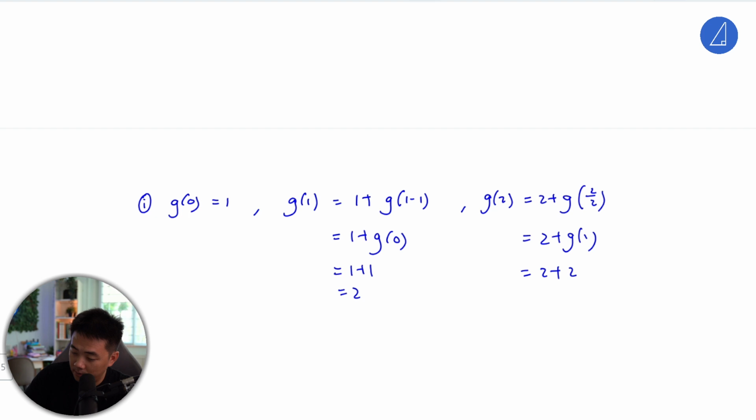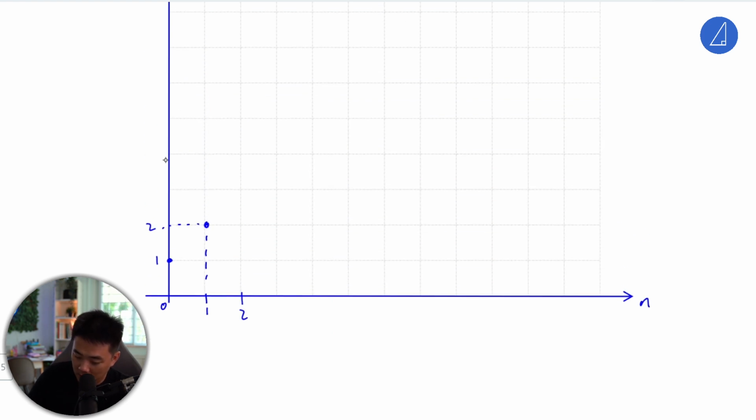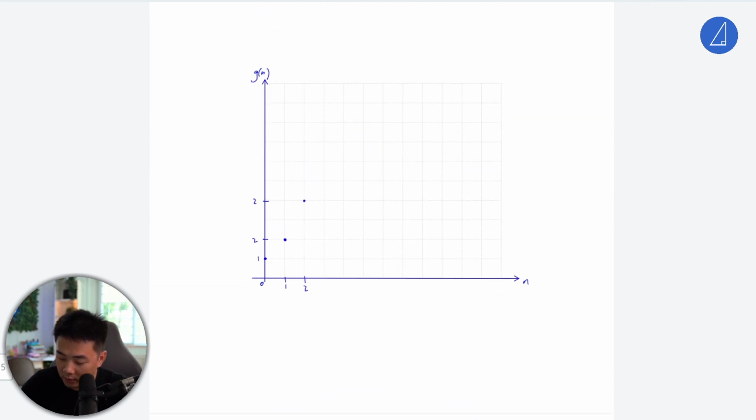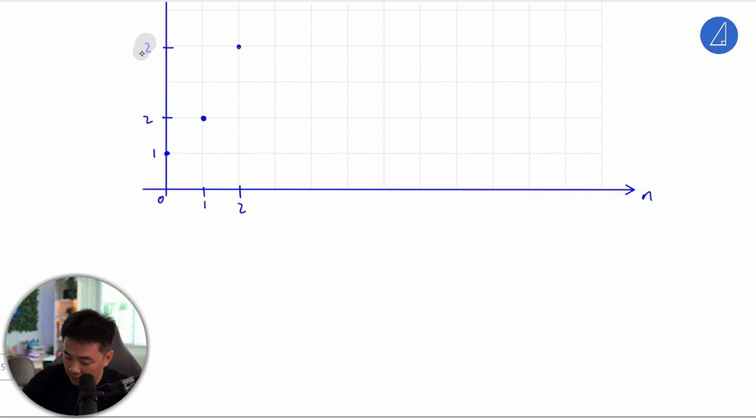So in this case it gives us 4. So g2 is 4, and the graph looks something like that.